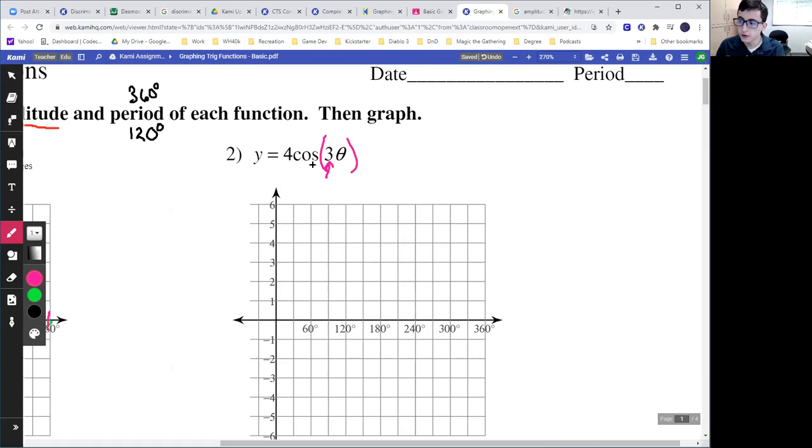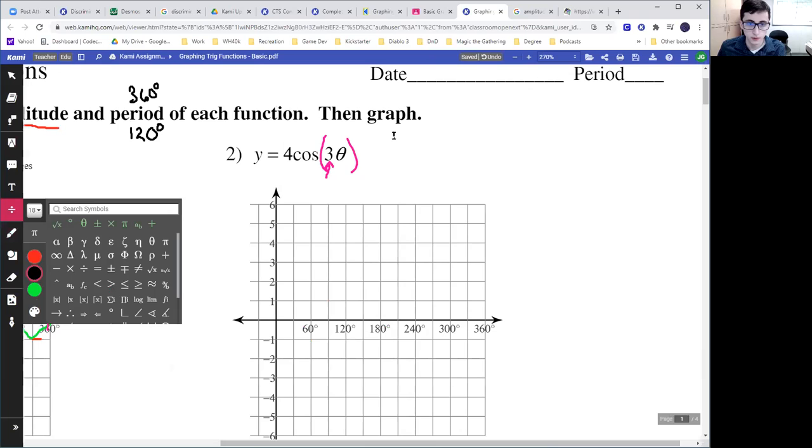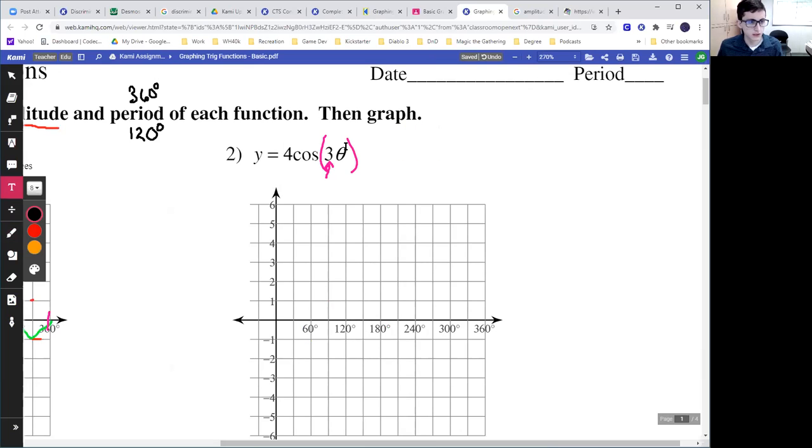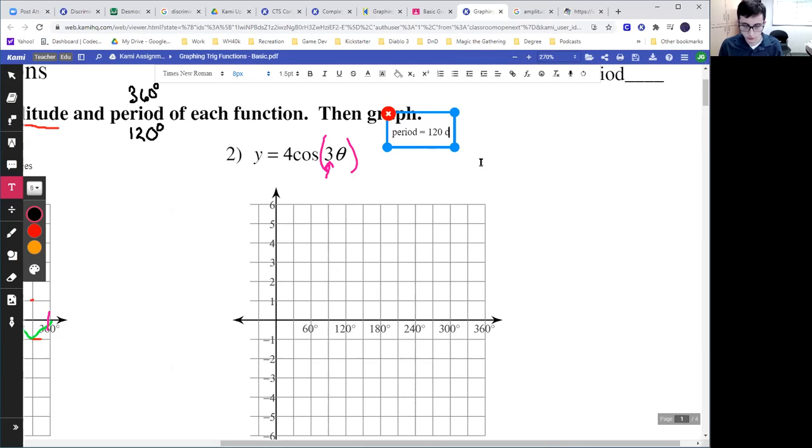The values of the degrees are cycling 3 times normal speed, which means this period will be 1/3 of the normal size. So we'll say, let's do it as a text box, the period is once again going to be 120 degrees.